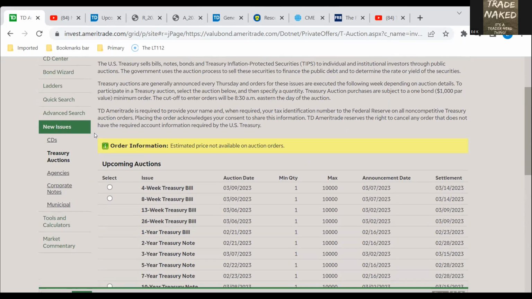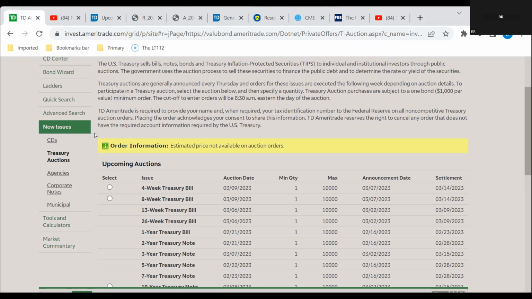Just thinking out loud, if we put it in a 1 month or 4 week and it settles next Tuesday and matures a month from next Tuesday, we can place the order the day it matures, but it's going to take a week to get back into a T-bill and start earning that 4.75 again. And for that 1 week, it's going to be earning the 0.3 or 0.4, whatever our brokerage account pays.